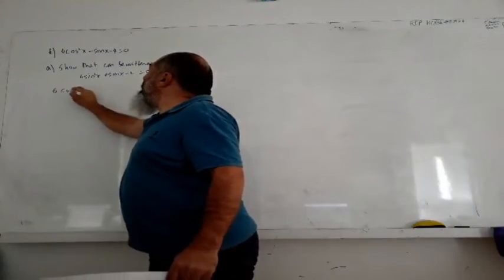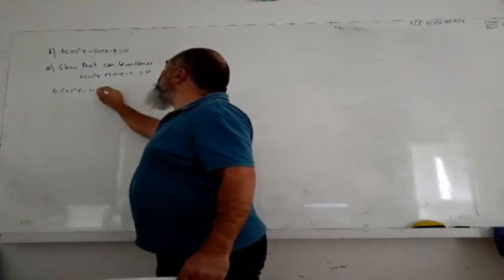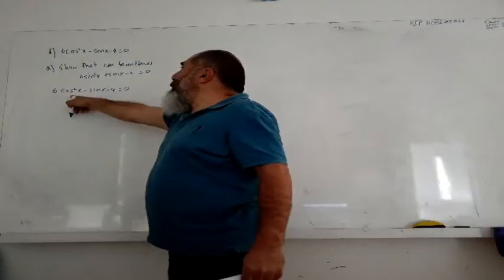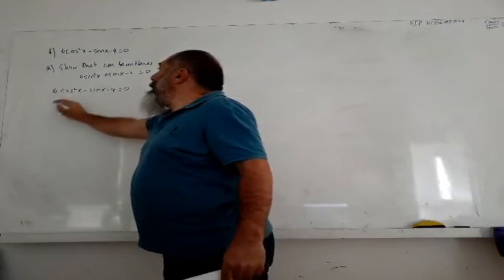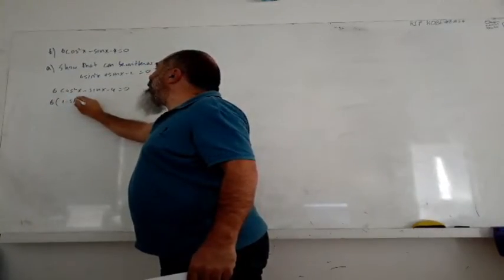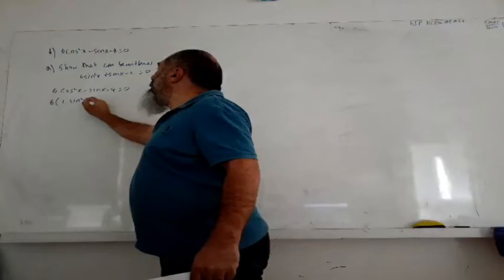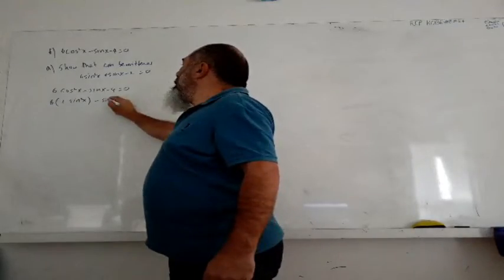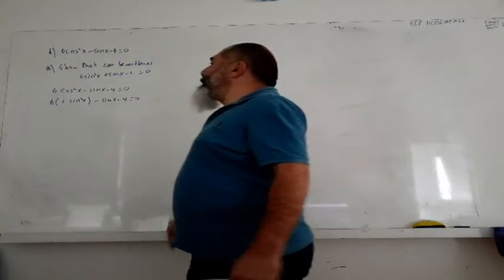We know that cosine squared x is equal to what? Cosine squared x is equal to 1 minus sine squared x. You have to remember that basic property. So 6 minus 6 sine squared x minus sine x minus 4 is equal to 0.